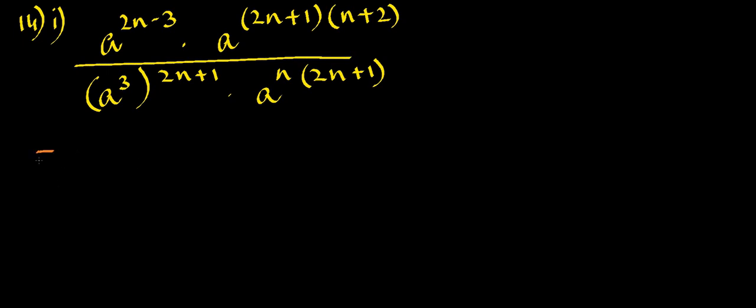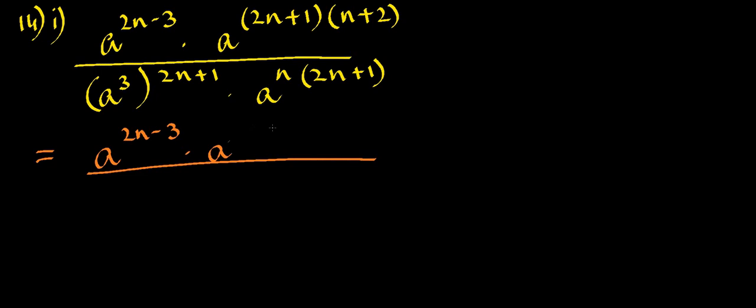That's equal to, now here first let us do the multiplication. A raised to n minus 3. What am I writing? That's equal to a raised to 2n minus 3 into a raised to 2n multiplied by n plus 1 multiplied by n plus 2. Over here I'm multiplying 2n into n.